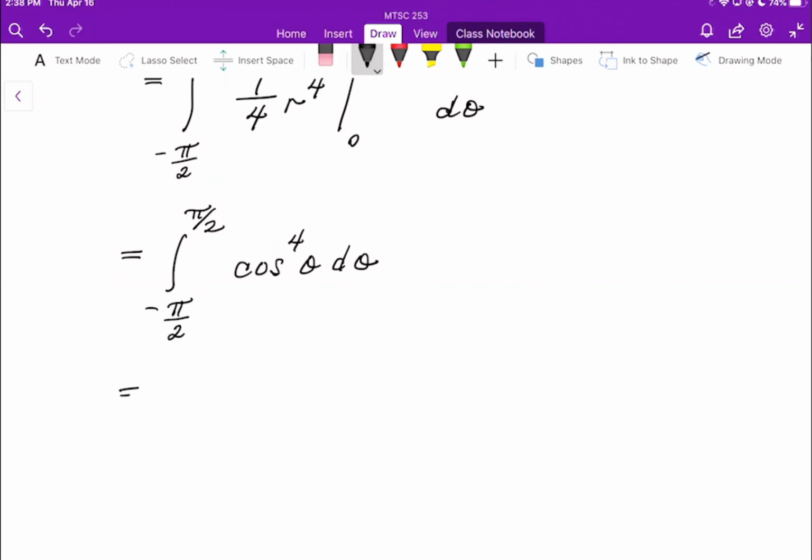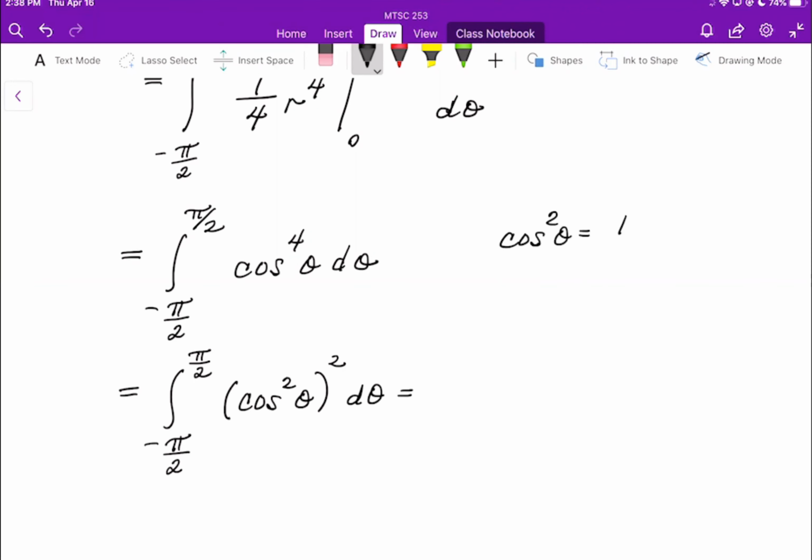So this becomes the integral from minus pi over 2 to pi over 2 of cosine squared of theta squared d theta. Well, cosine squared is 1/2 times 1 plus the cosine of 2 theta. So therefore, when I square that, I'm going to get 1/4.